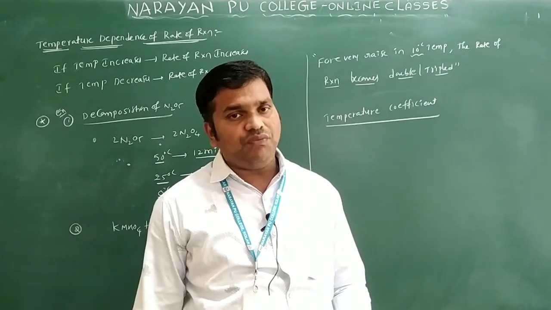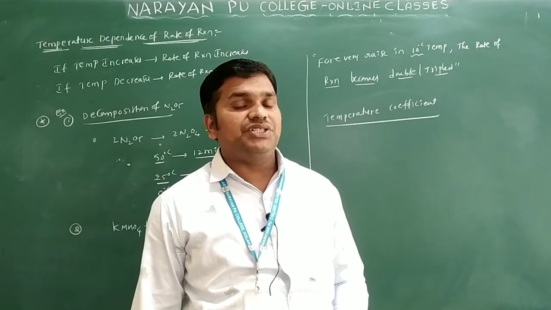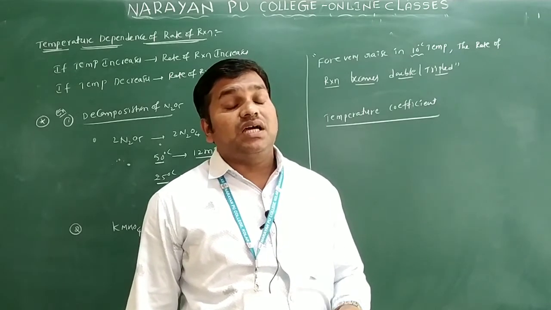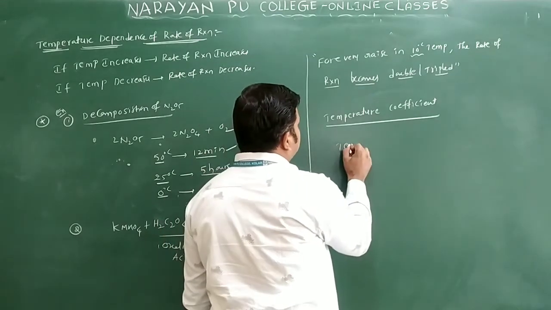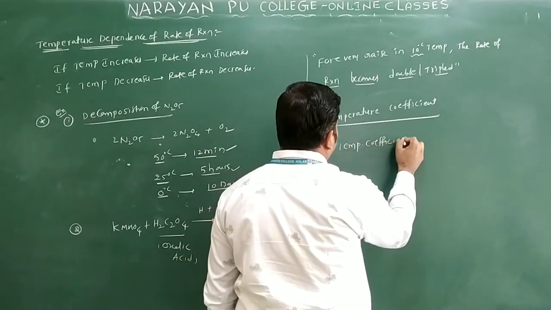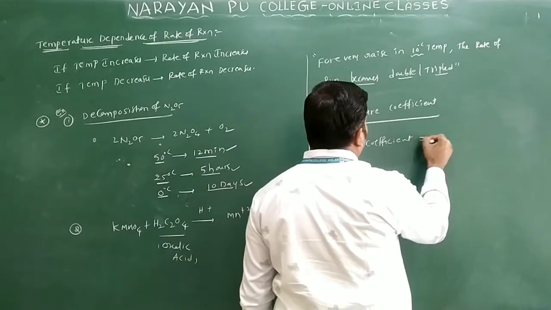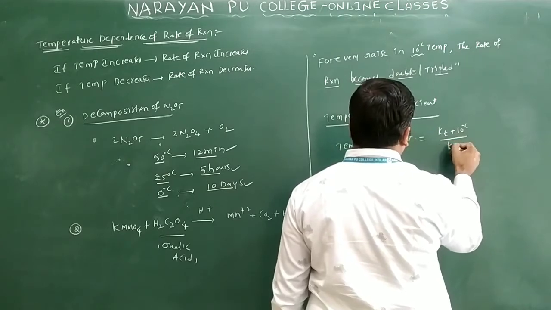It is the ratio of rates of the reactions which differ by 10 degrees Celsius temperature, and it is called the temperature coefficient. I will write the definition later. This temperature coefficient is equal to K at t plus 10 degrees Celsius by K at t.